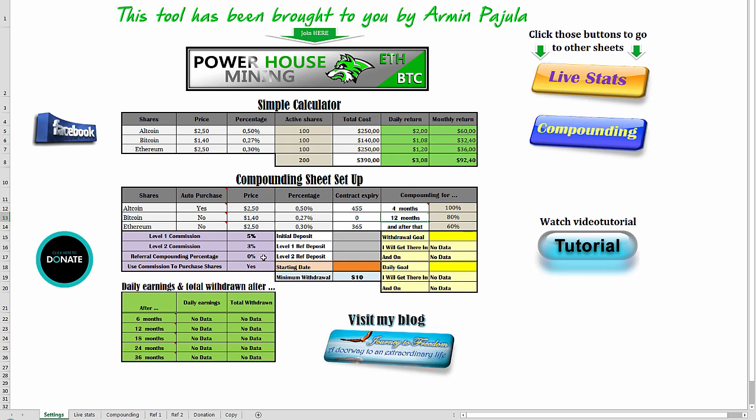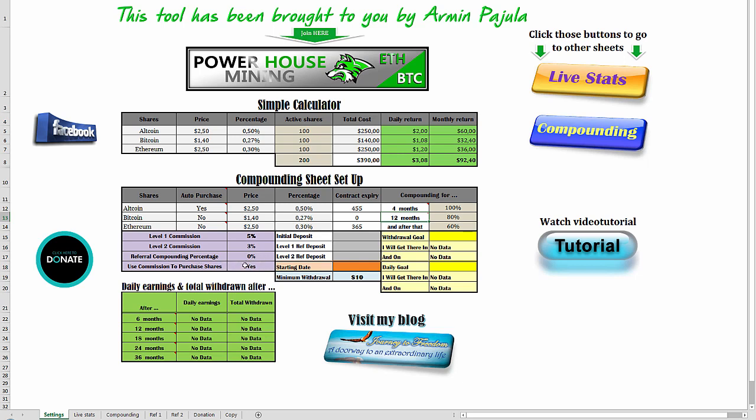By default it is 0%, so you only get commission when they deposit, when you write those numbers in the compounding sheet, or if you write it here. But you can play around with it for, let's say, 25%. So 1/4 they will compound and the rest they will withdraw. So you can see the outcome, what will happen.